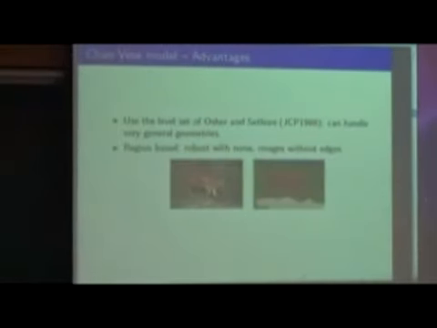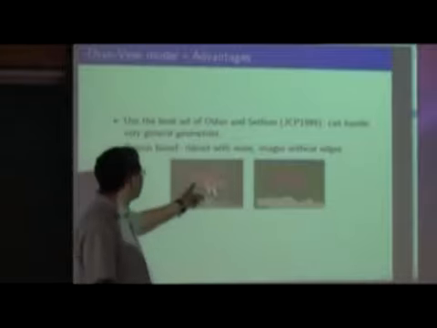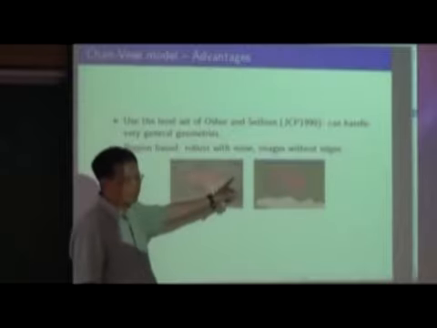So therefore the convex method is getting so popular, and so many people use it, essentially using level sets for Chan-Vese, which can handle very complex geometries. So this is one of the advantages. It's unlike a snake model, which cannot handle very complex geometry. It's region based, robust with noise, and you can segment images that have no edges. Even with an image like this, if you want to detect the edge, you will get something completely different.